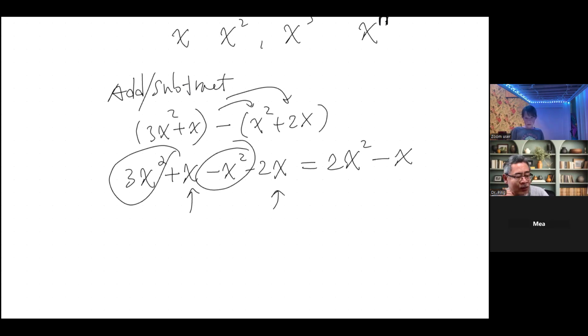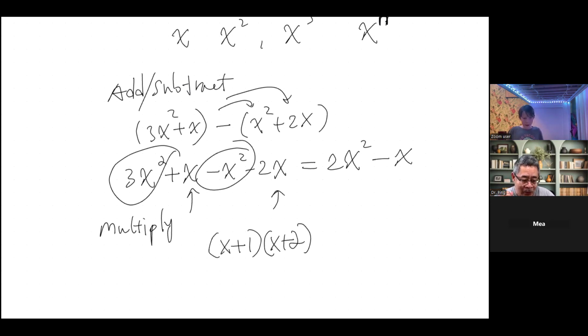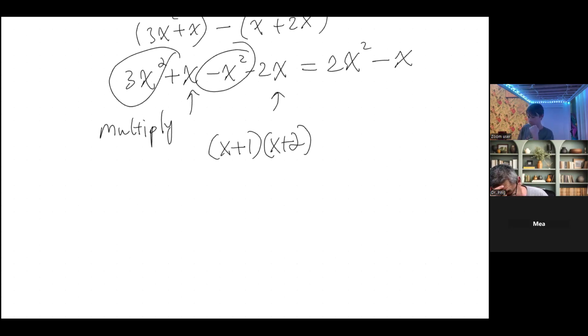And we also can multiply polynomials. For example, x plus 1 times x plus 2. Well, what would that be? Can we simplify that? Well, we know that we can use the distributive property. So basically, we're going to distribute x to this one.